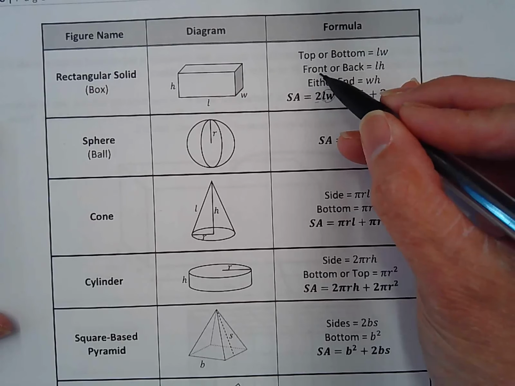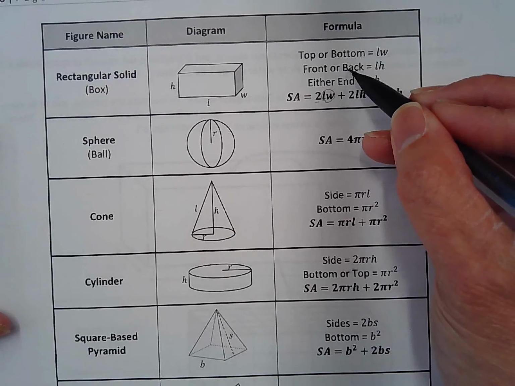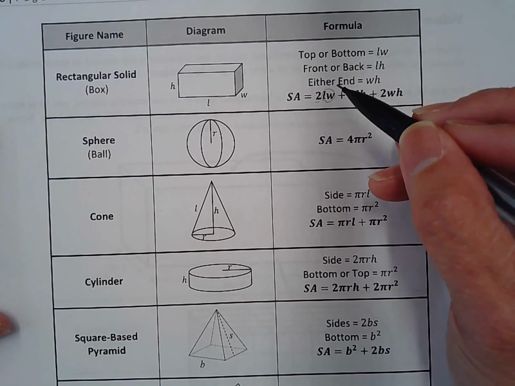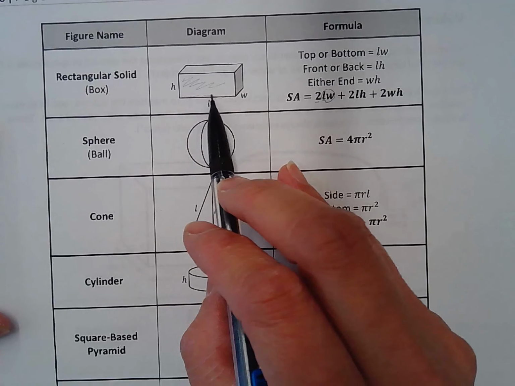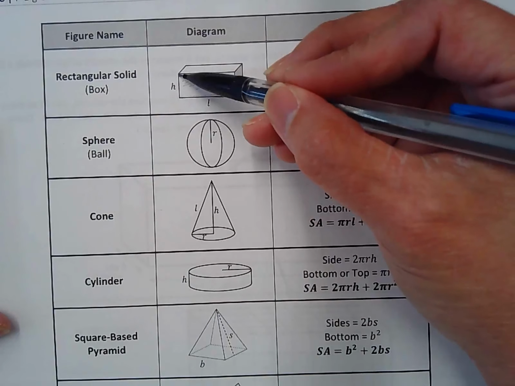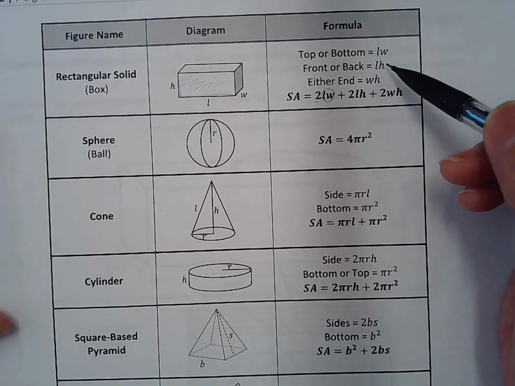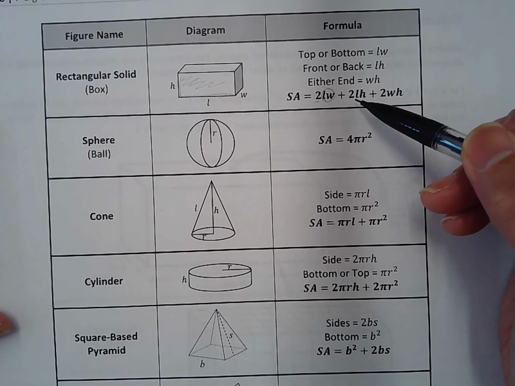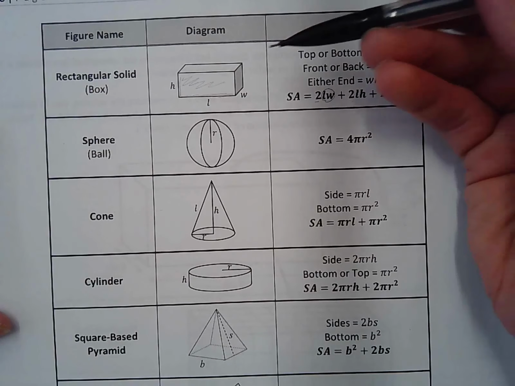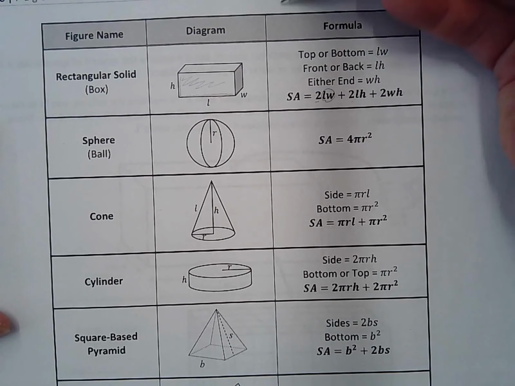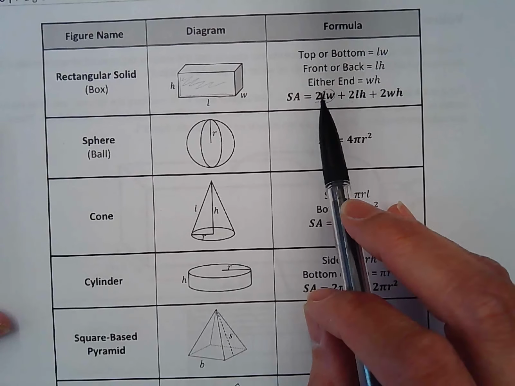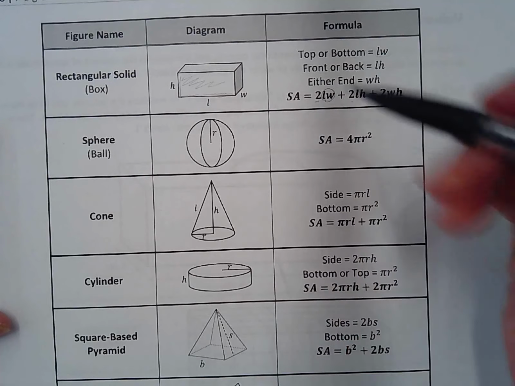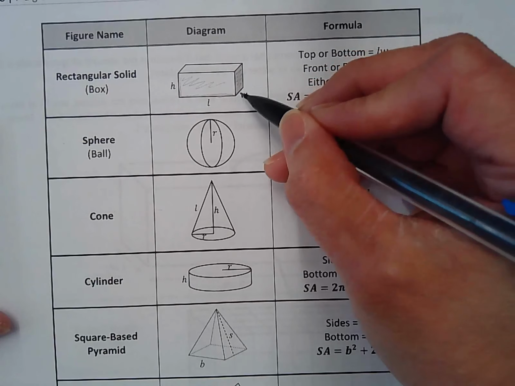The front and the back are exactly the same. So the front area here is length times height. Length times height. And then it's multiplied by 2 because that's the front part and then the back part. Is that okay? And then the left side and right side, that's this part here.